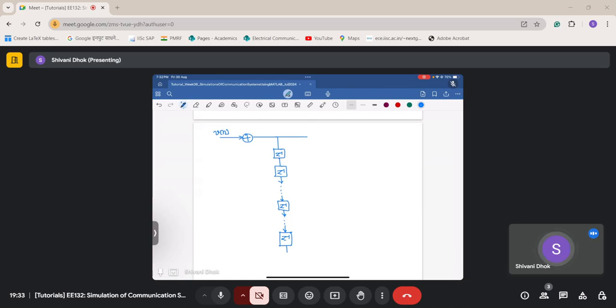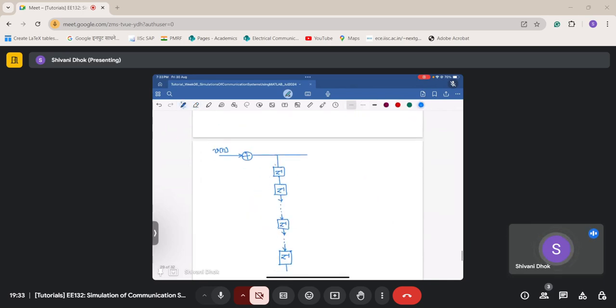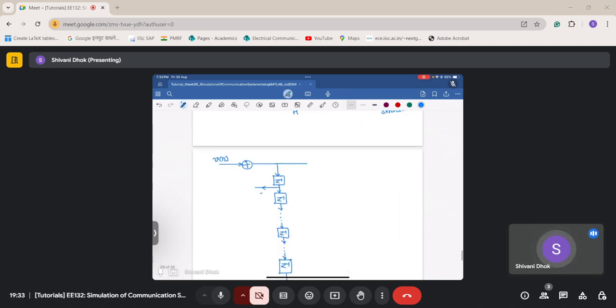Okay, and then what we will do is first let us construct this green structure. So we have this Z inverse. This will get multiplied by minus of A1 conjugate like this. Then here we will have minus of A2 conjugate.